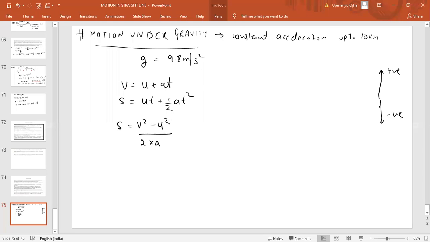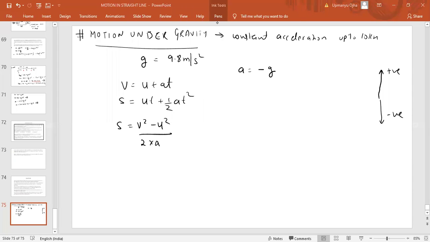And g is always acting towards the ground, which means g should be negative. So when we are using motion under gravity, a will be equal to minus g, because the direction of acceleration is downward, and we take downward as negative.